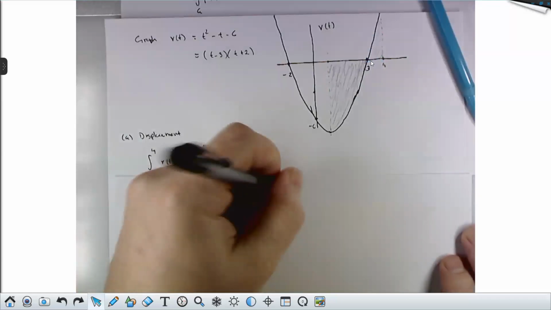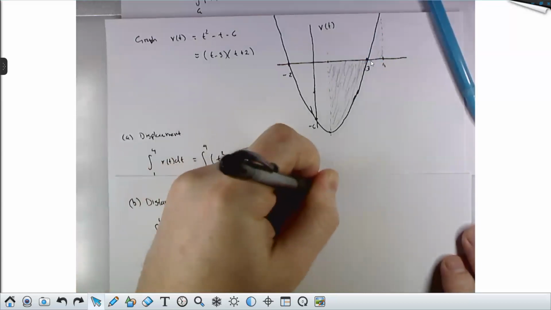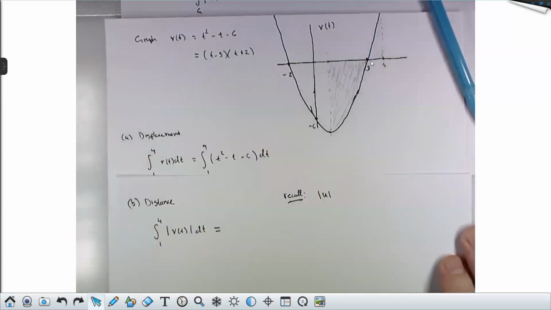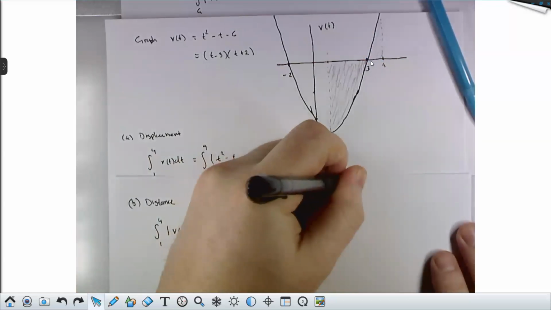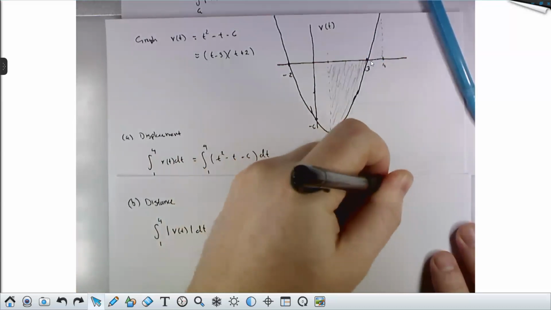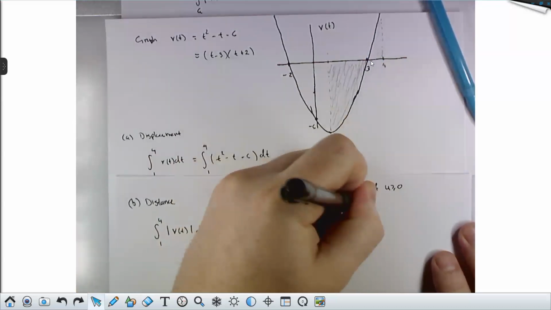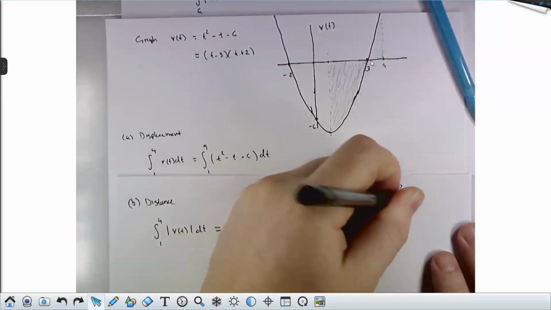So recall, the absolute value of some stuff, we'll call the stuff u, is equal to the stuff if the stuff is non-negative, and the negative of the stuff if the stuff is negative.